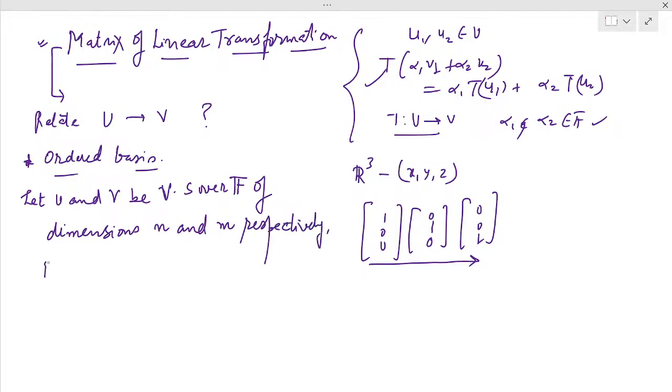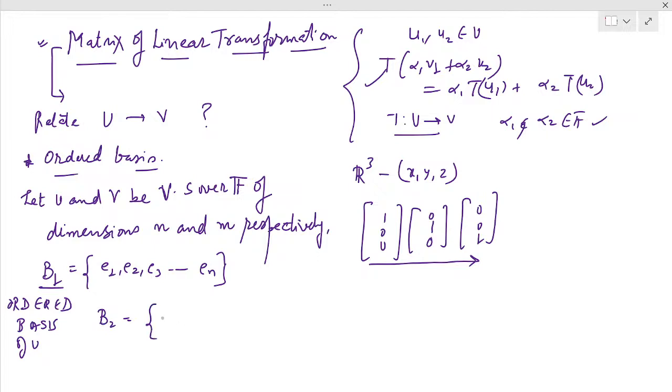Let the ordered basis of U be e1, e2, e3, up to en, and let the ordered basis for V be f1, f2, f3, up to fm.